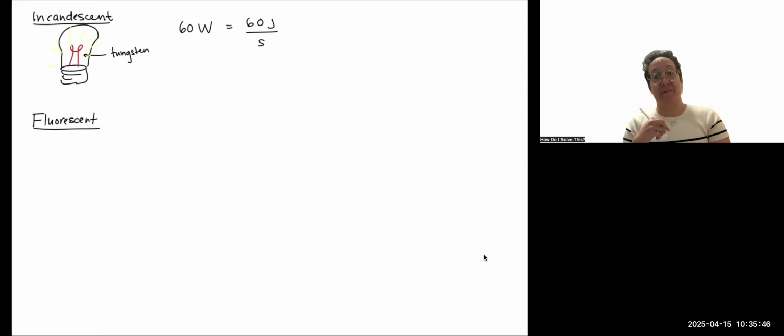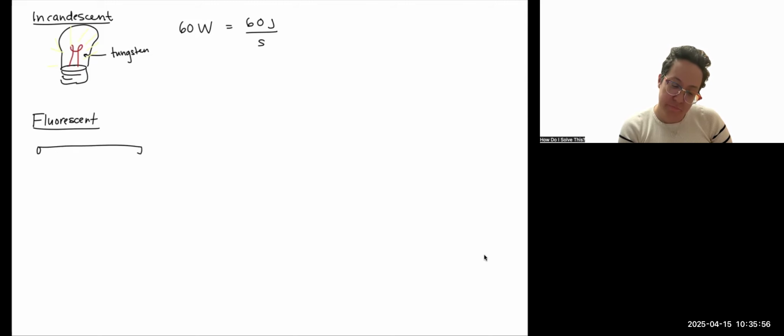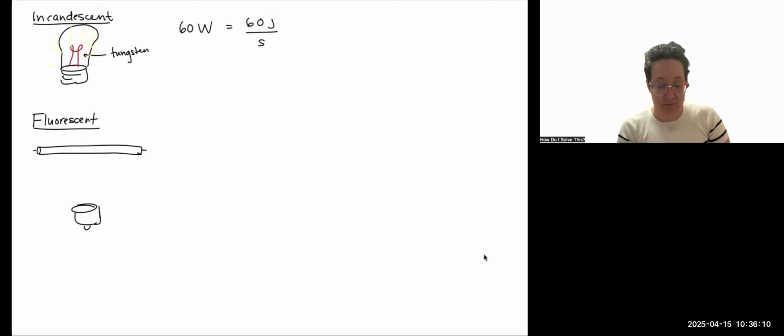So the next kind of light we talk about is fluorescent. These are lights that nowadays you mostly find in commercial and industrial spaces. So if you think about your classroom and you look up and you have those long tubes, those are fluorescent lights. These also had their heyday in domestic lighting. If you remember the lights that looked kind of almost like an ice cream cone, right?